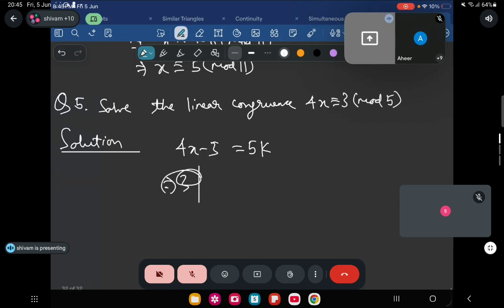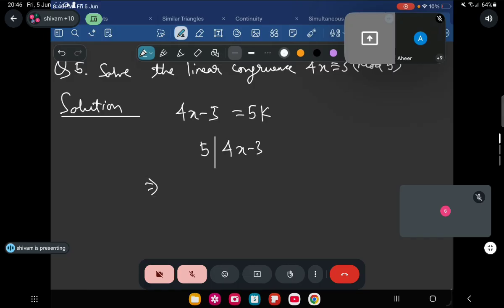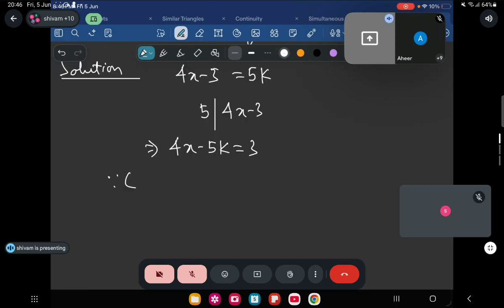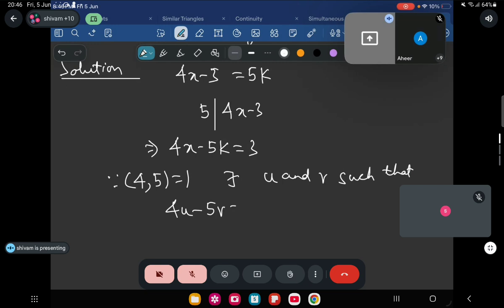So that means 5 should divide 4x minus 3. Or you can say 4x minus 5k equal to 3. So what is it? Since GCD of 4 and 5 is equal to 1, there exist some integers u and v such that 4u plus 5v equal to 1.